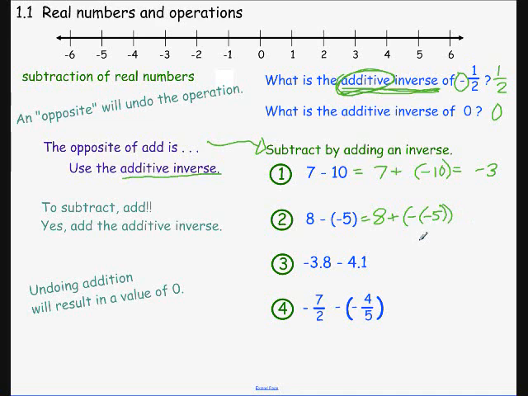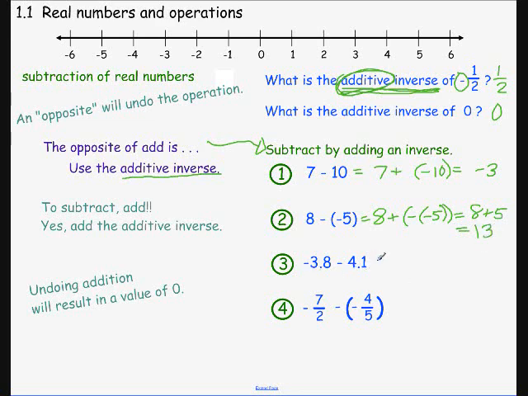That seems unduly complicated. What is the negative of a negative? Certainly 8 plus 5. The answer to this one, of course, is 13.